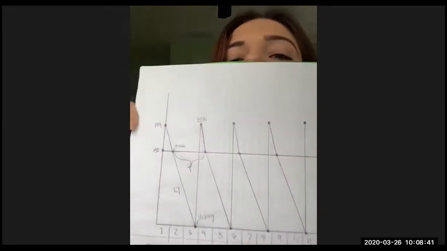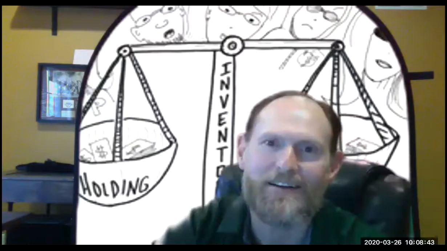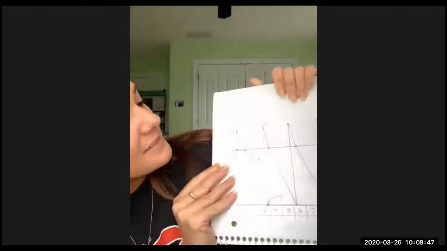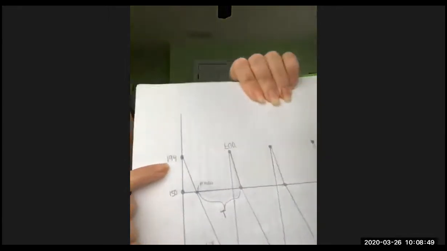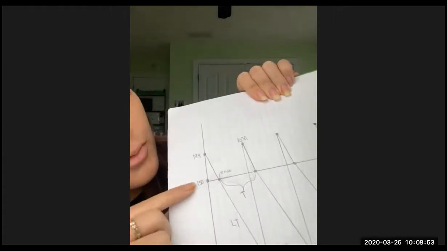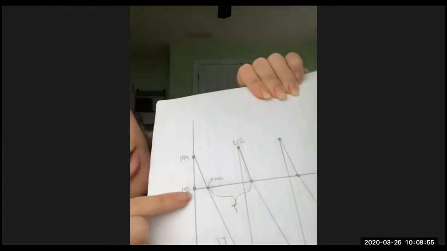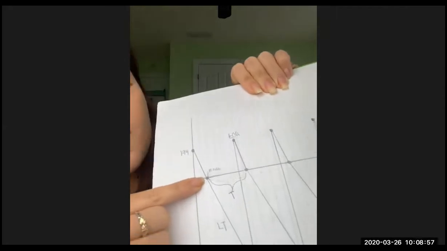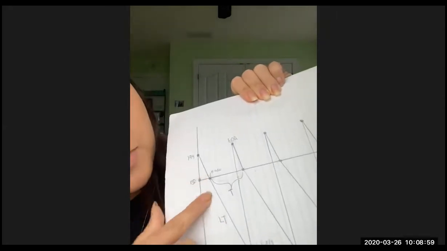So I do have a diagram. Okay, super. I don't know if you guys can see it, but this is what it looks like. Looks like a good start. So you're at 194 here, and then right here's your 150 because that won't change. Super. And then right there is the reorder, and then you're gonna go 2 days because that won't change.